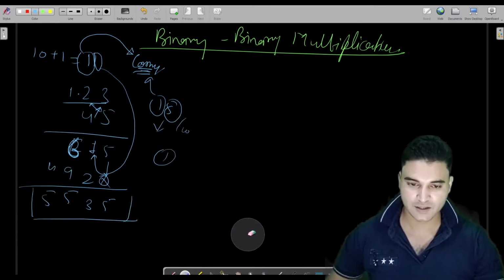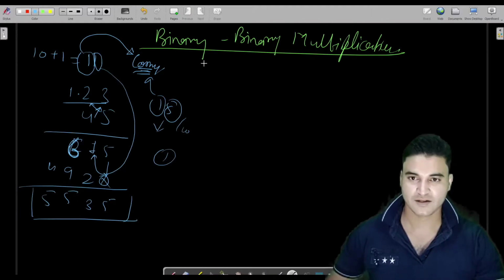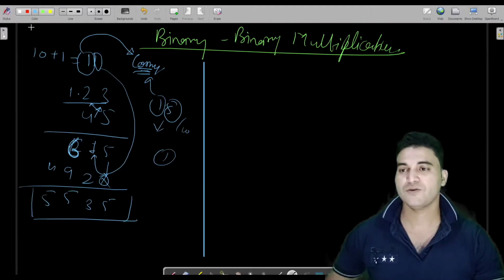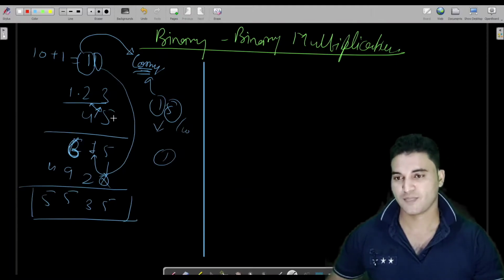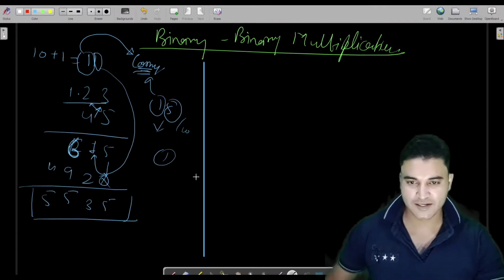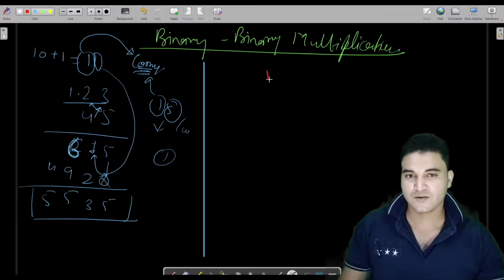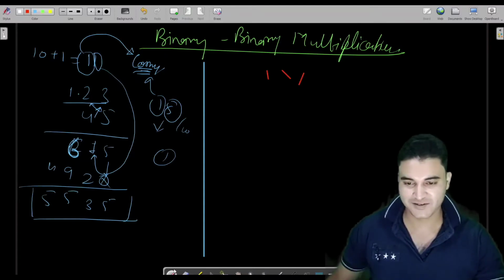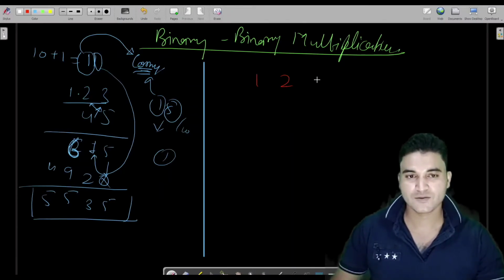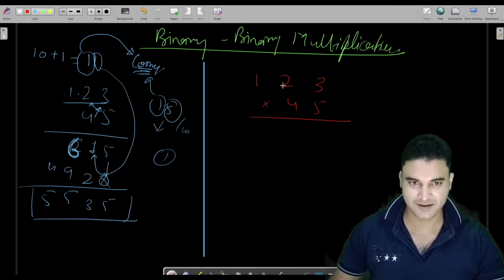We will use the same in binary also. Let us see, and watch carefully. I am going to write the same thing this time: 123 with 45.